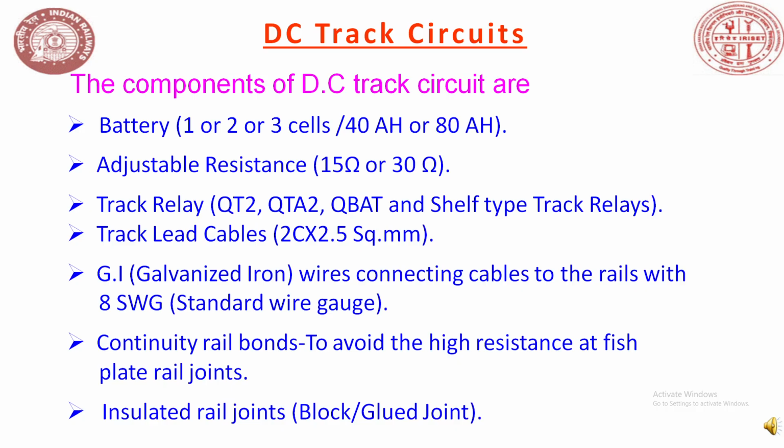Track lead cables, that is 2 core into 2.5 square mm. GI, galvanized iron wires connecting cables to the rails with 8 SWG standard wire gauge. Continuity rail bonds to avoid the high resistance at fish plates rail joints. Insulated rail joints, block or glued joint.